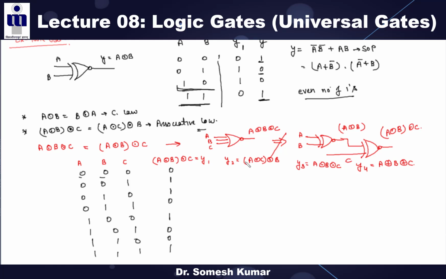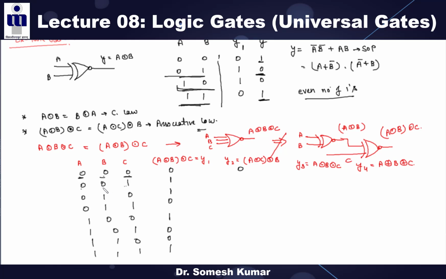Now we will go to Y2. What is Y2? A XNOR C. What is A XNOR C? 0 XNOR 0 will come 1 and then 1 XNOR 0, what will be the output? 0. In the next, A XNOR C, 0 XNOR 1 is 0.